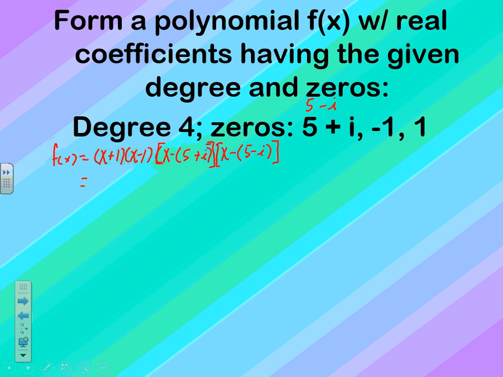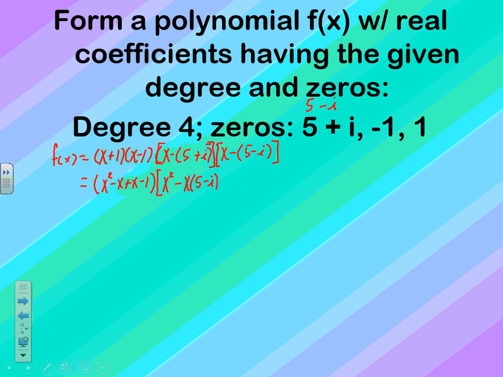And multiply both sets of factors together at the same time. So x plus 1 times x minus 1 will give me x squared minus x plus x minus 1. Here, x times the negative sign in front of the complex root will give me x squared first, and then minus x times 5 minus i.